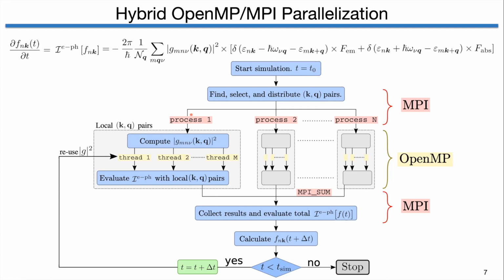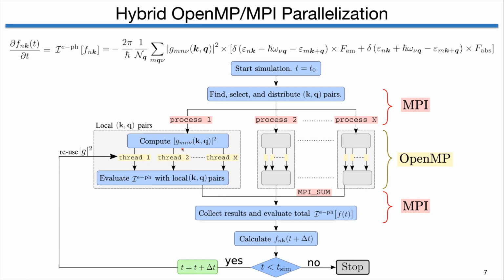So here is presented process 1 up to n. So MPI is a non-shared memory technology where these kq pairs will be split over different tasks, and then within each local kq pair pool, we will perform the OpenMP parallelization.